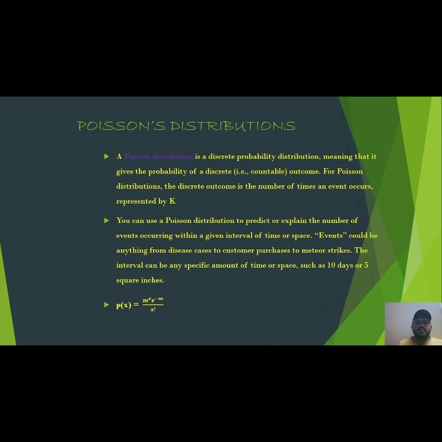You can also use the Poisson distribution to predict and explain the number of events occurring within a given interval of time and space, and that is denoted as p(x) = m power x e power minus m divided by x factorial.